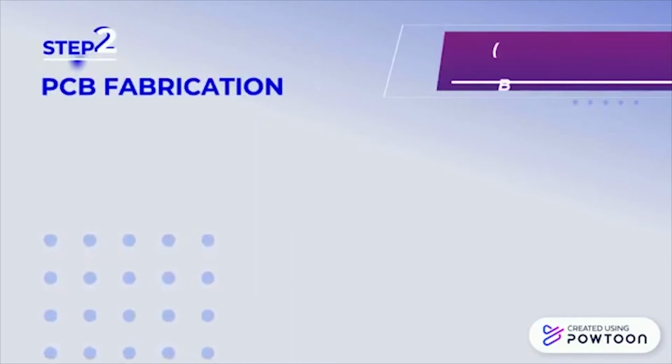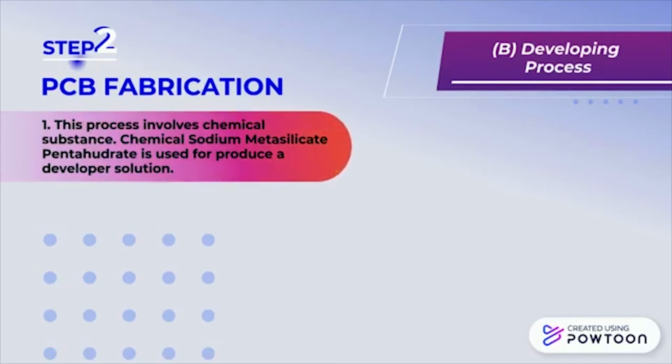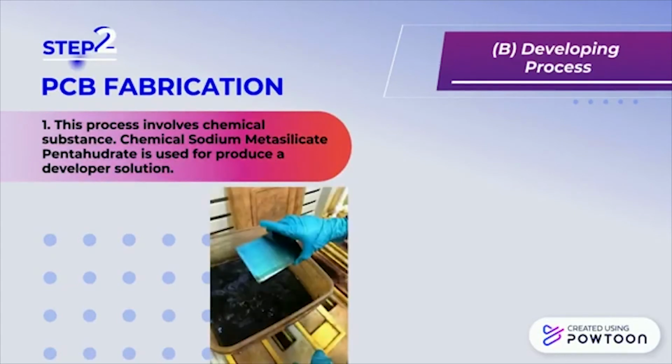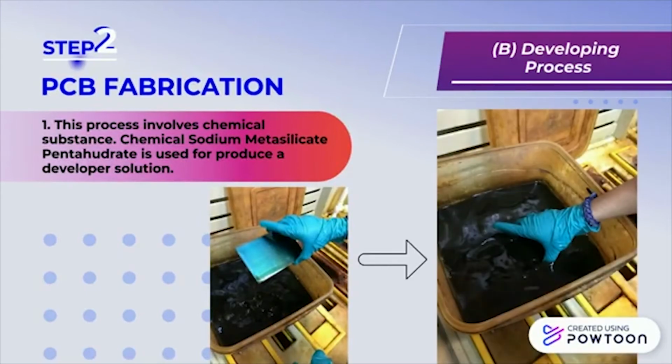The next process, the developing process. This process involves chemical substance. It is used to produce a developer solution by using the substance. Here we can see that the PCB board is being dipped into the solution.